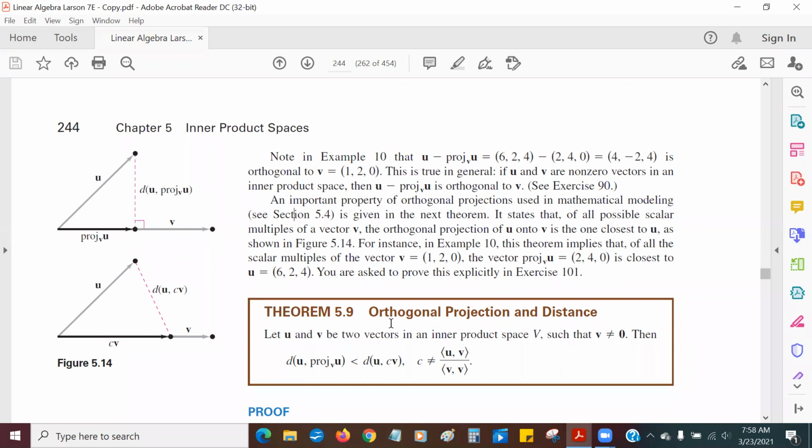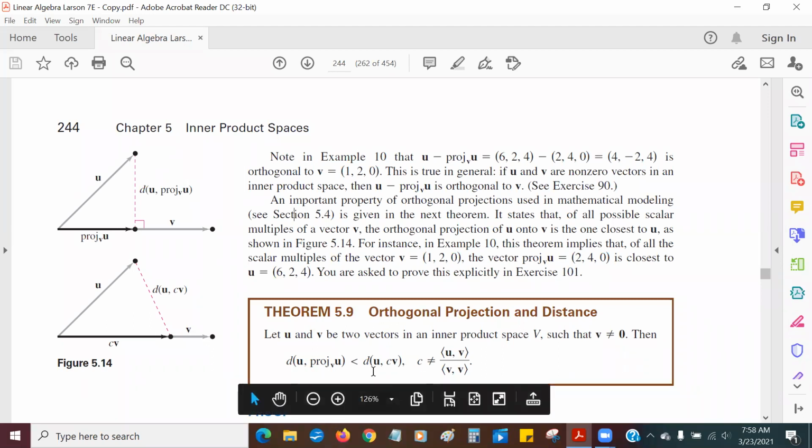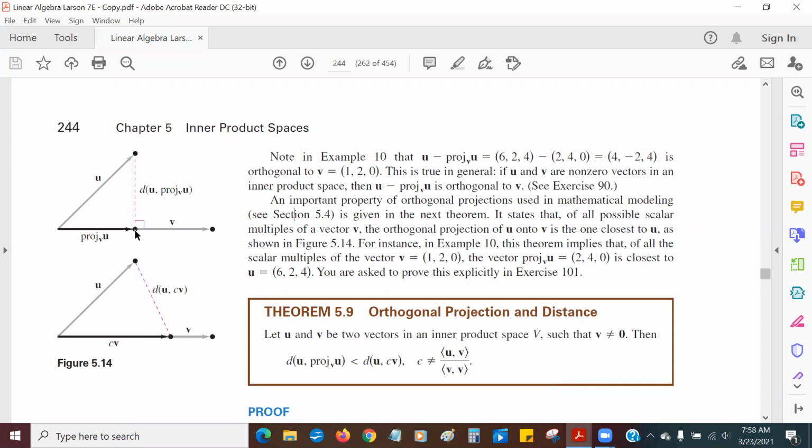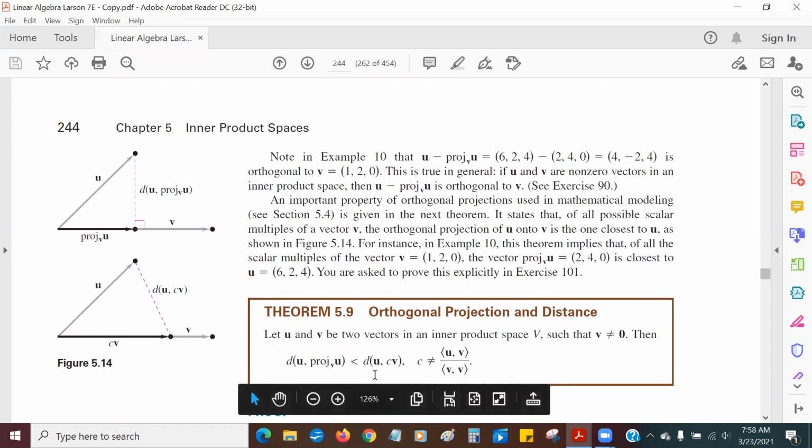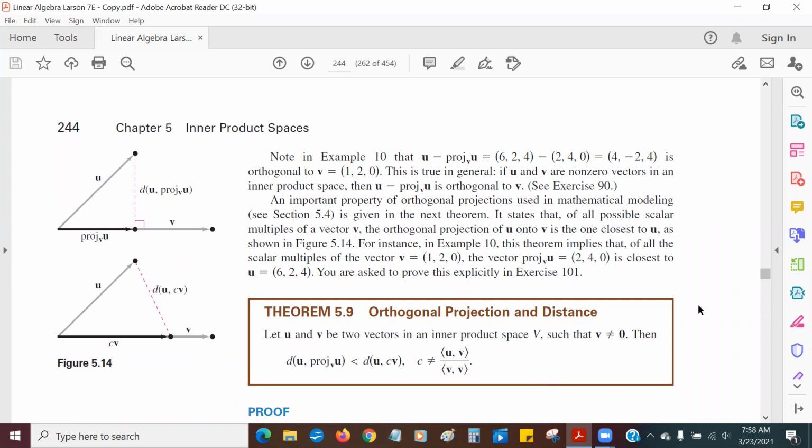That's what Theorem 5.9 is basically saying: the distance from u to the projection of u onto v, which is this perpendicular red line right there, is going to be less than the distance from u to any other cv, where c is not the inner product of u and v over the inner product of v and v. Because if c is anything else, I get something like this, and this red line is longer than that red line. That's basically what this fancy Theorem 5.9 is saying.